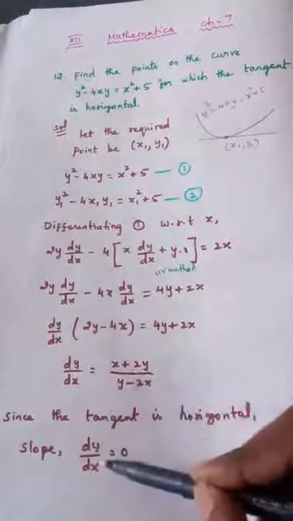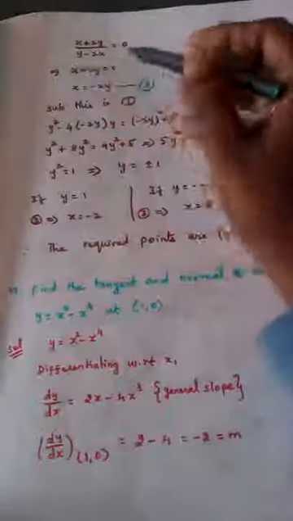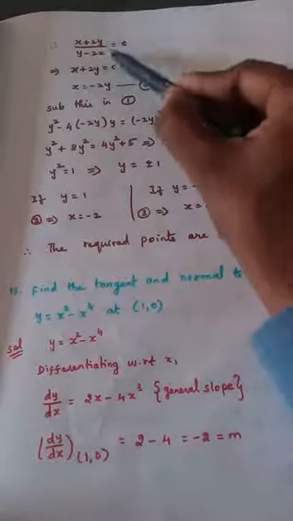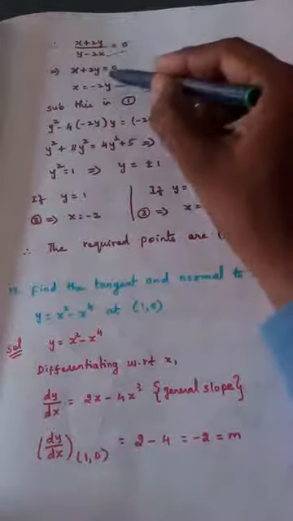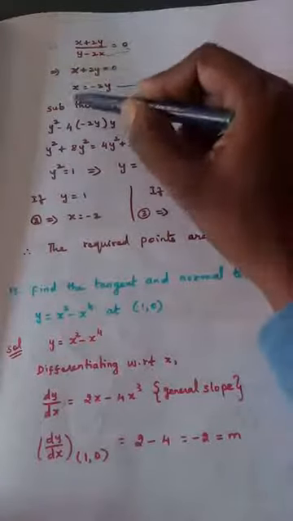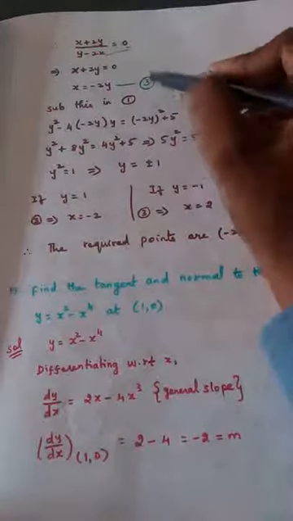Just substituting this in place of this, we are going to write the next line. See, that is what I have written here. So slope is 0. If you cross multiply, what happens? If this goes, again this will become 0. So this remains. Finally we are getting one algebraic condition: x is equal to minus 2y. This is taken as equation number 3.